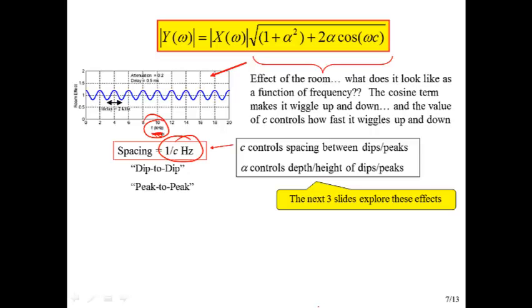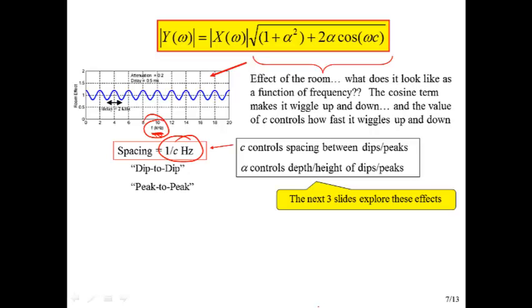Actually I'm plotting it in kilohertz. But from the math, you can figure out that the dip-to-dip spacing, or the peak-to-peak spacing, is actually 2 kilohertz apart for this example, and that's 1 over c hertz. So in this case, c was half a millisecond. You take 1 over half a millisecond, and that gives you 2,000 hertz.